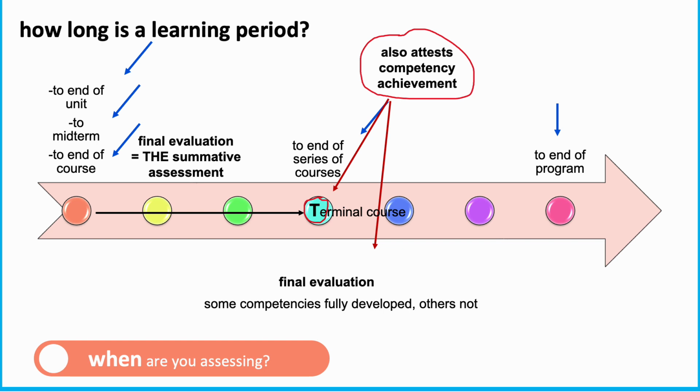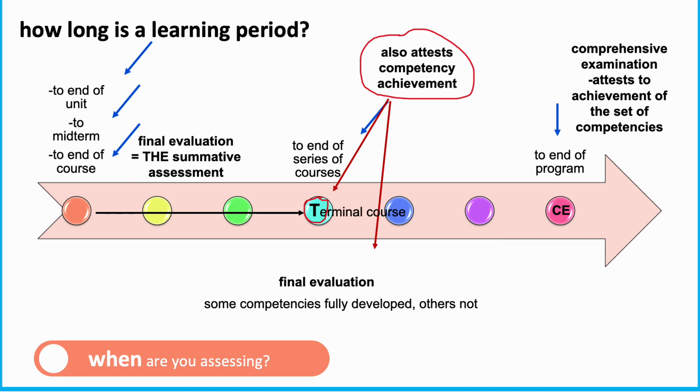Is it passing all the courses in the series of courses, or is there a separate evaluation to determine that the competency has been achieved? And finally, at the end of a program, the comprehensive examination is also summative in nature, and it evaluates the integration of learning in the program and attests to the achievement of the set of competencies.